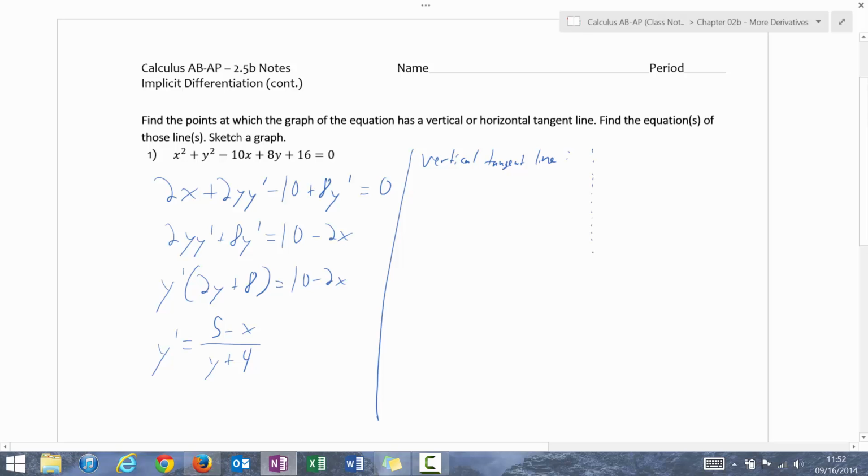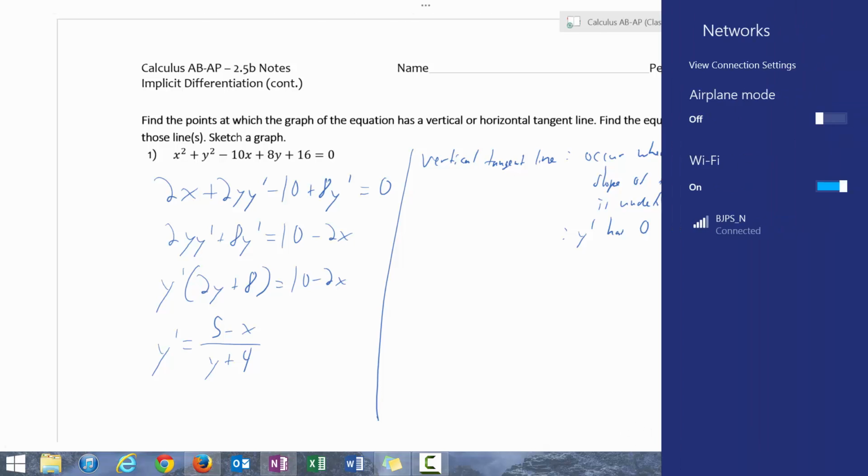We've seen that whenever we divide by 0. So vertical tangent lines occur when the slope of the tangent line is undefined. And if the slope of the tangent line is undefined, that means that y prime has 0 in the denominator.